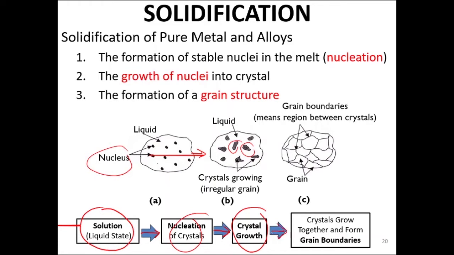Lastly, when we cool it down further, the crystals will grow together and form grain boundaries. As you can see here, there is no more liquid. All of this is solid, and there are grain boundaries here. That is the solidification process of pure metal and alloys.